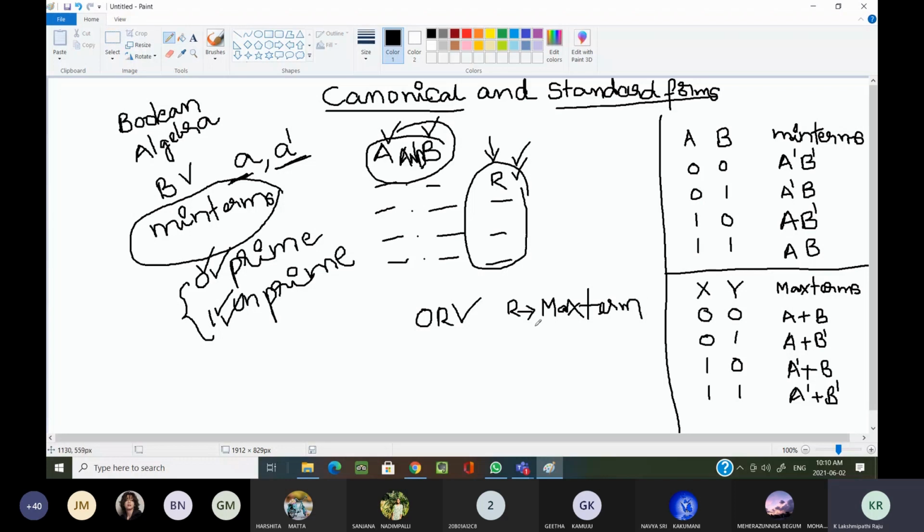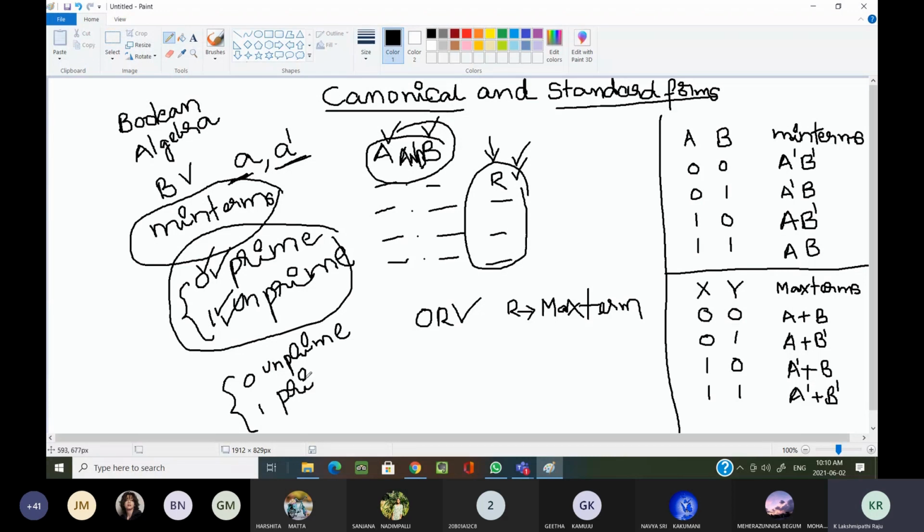Now, whenever we are finding minterms, 0 we consider as prime and 1 as unprime. Whenever we are finding maxterms, 0 we consider as unprime and 1 as prime. 0 means unprime, that means in maxterms 0 is treated as the variable in its normal form. 1 in maxterms is treated as the variable in its complemented form.